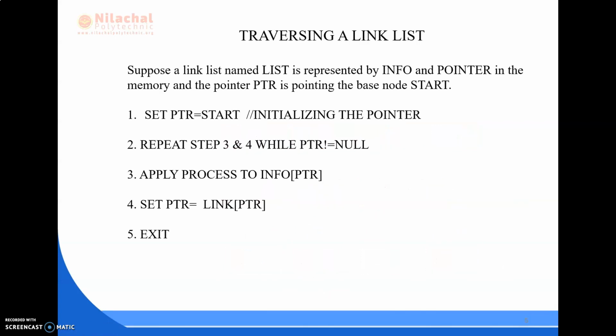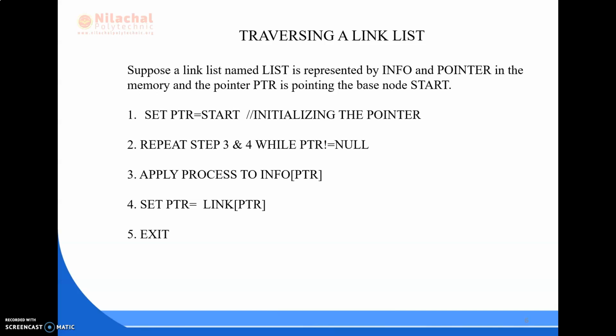Next, we will discuss some of the operations on linked list. First, we will start with traversing a linked list. We already know that traversing means visiting each element of the list at least once. So, this is the algorithm for traversing a linked list.